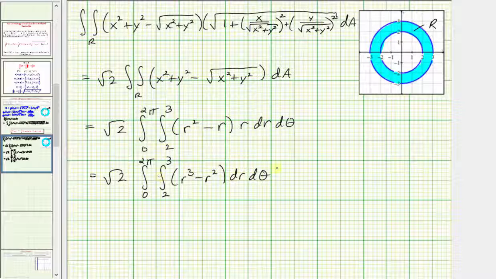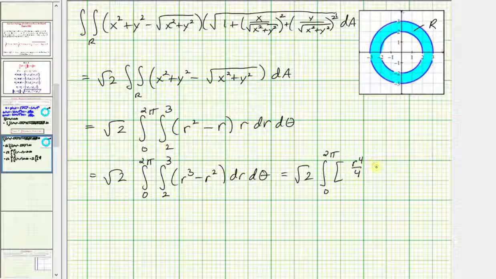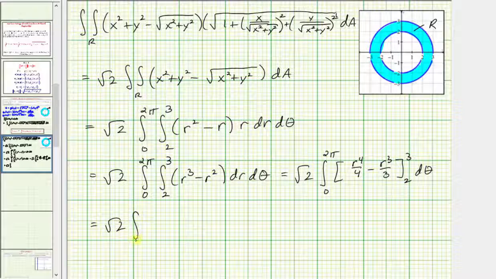And now we integrate with respect to r. So the antiderivative is r to the fourth divided by 4 minus r to the third divided by 3. Now we need to find big F of b minus big F of a. So we have the square root of 2 times the integral from 0 to 2 pi.